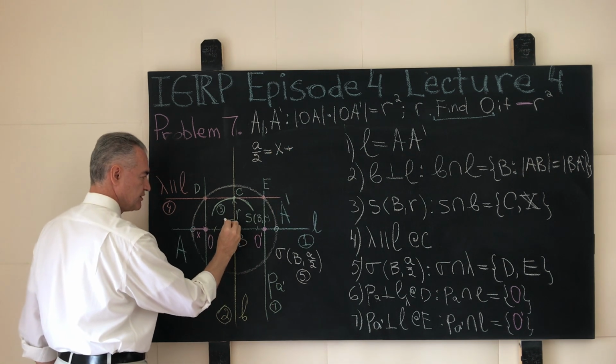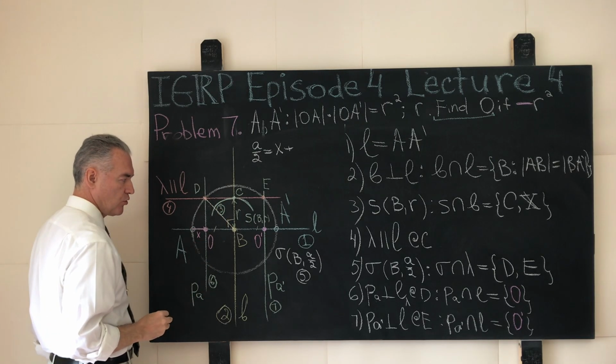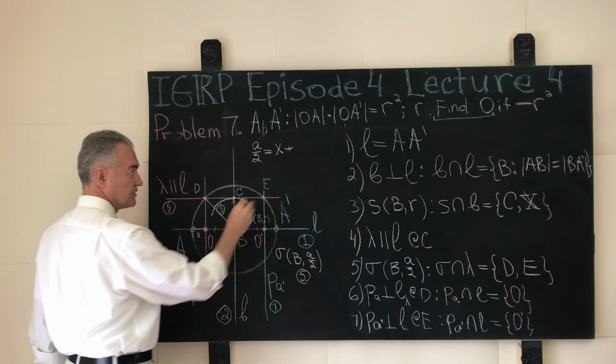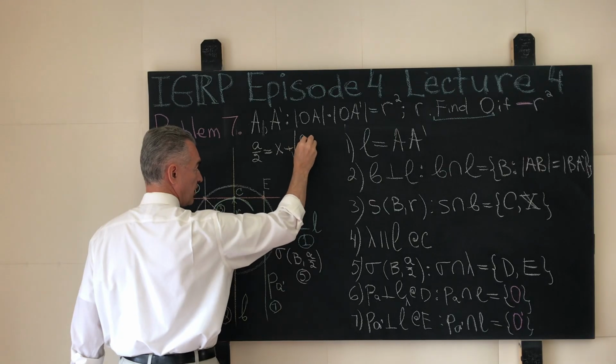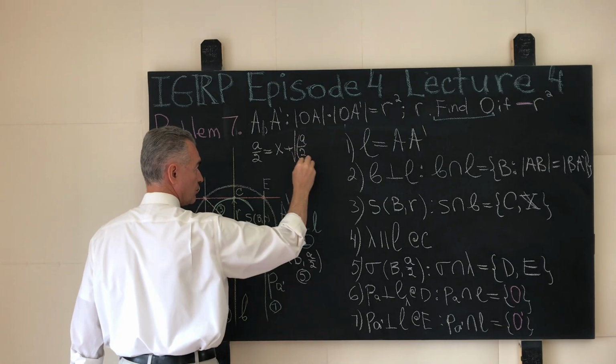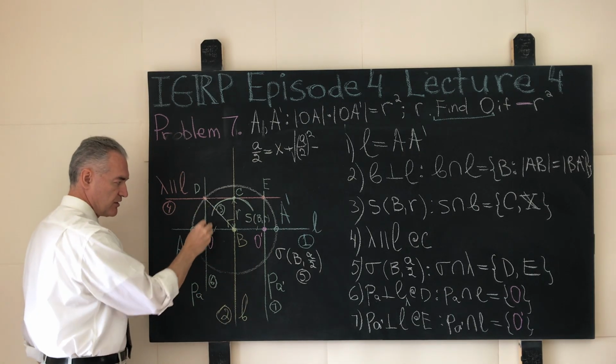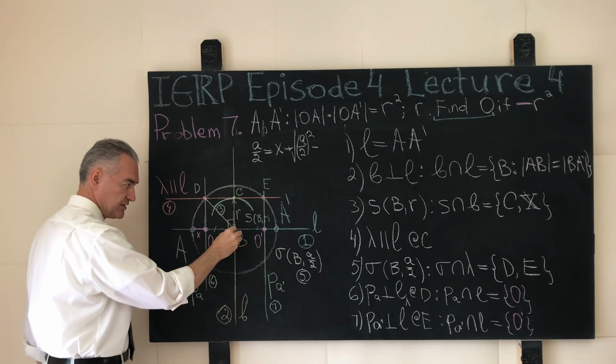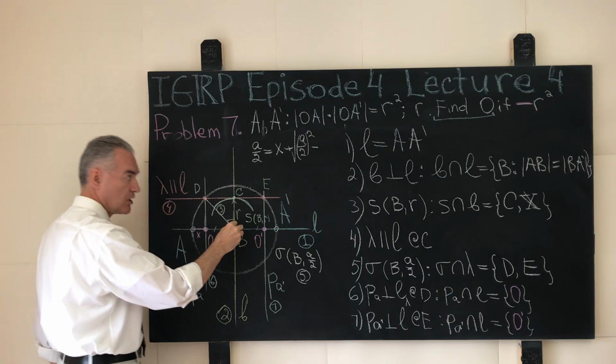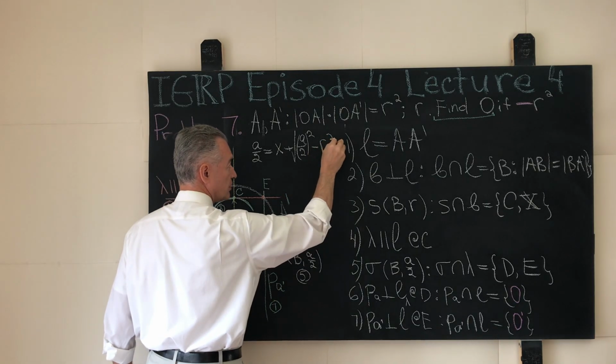Remember that this radius over here is A over 2. So this is the square root of A over 2 squared minus, by construction, this distance, but this distance is this distance, and this distance is r. Exactly, r squared.